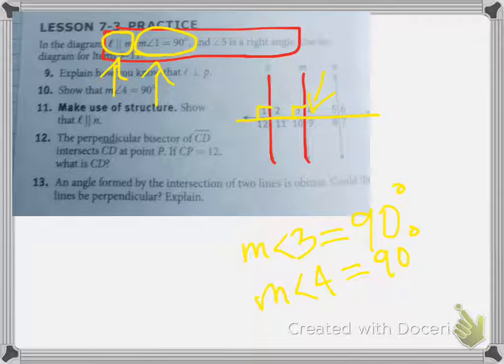So angle 4 is 90 degrees, and you'll probably be like, well, we didn't do any math, how am I going to show that, right? So the way you're going to show it, let me do it in black actually. The way you're going to write it in math, you're going to show that this is 90 degrees, instead of the box, and then you're going to show this is 90 degrees, right?